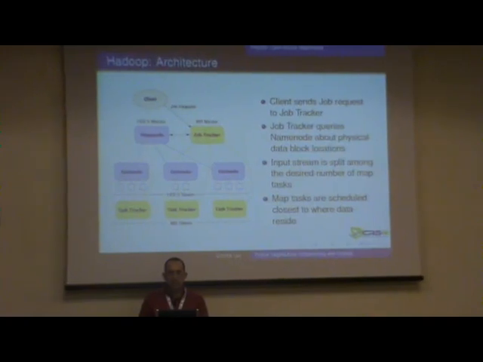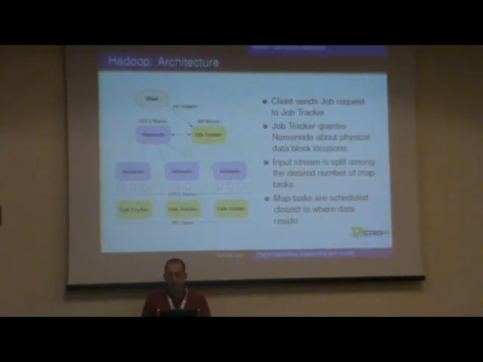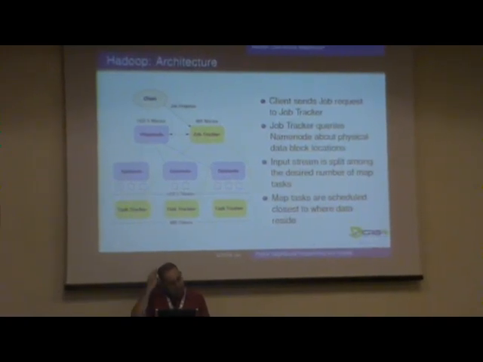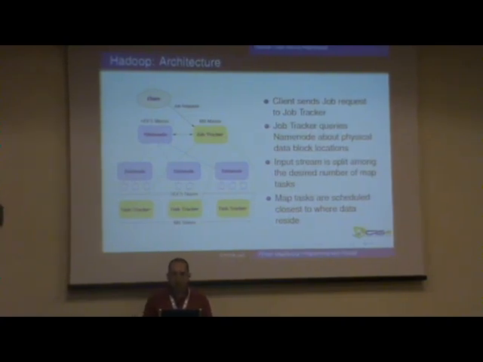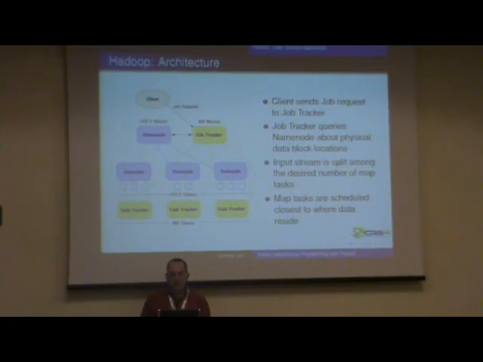Moving data is very expensive; it leads to an increase in traffic in your network. What MapReduce does is the opposite. Since it knows where data are stored, it schedules tasks closest to where data actually resides. So you don't have to move data around, and this is a key performance feature.